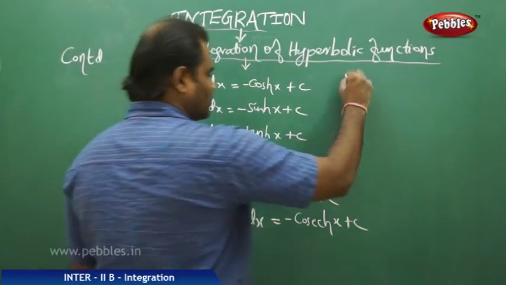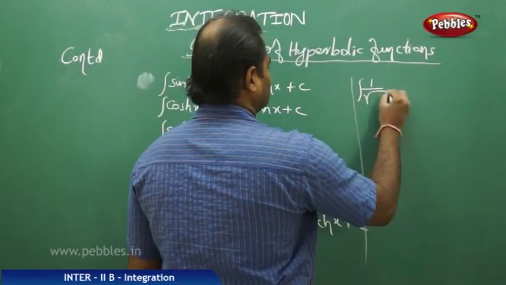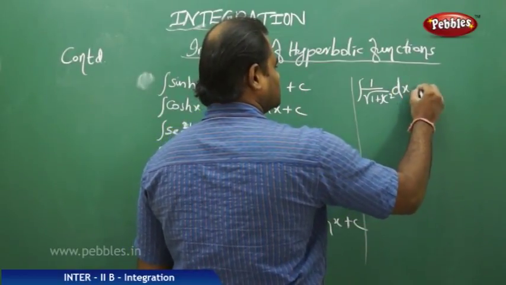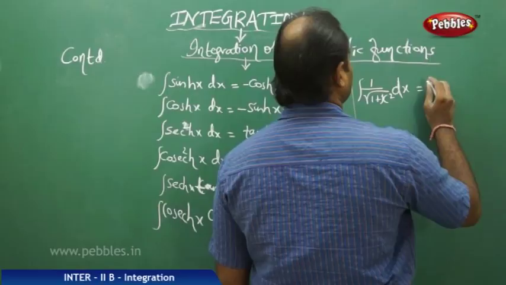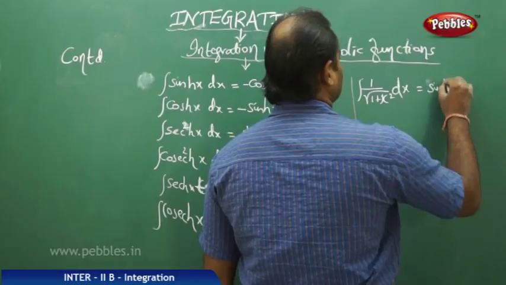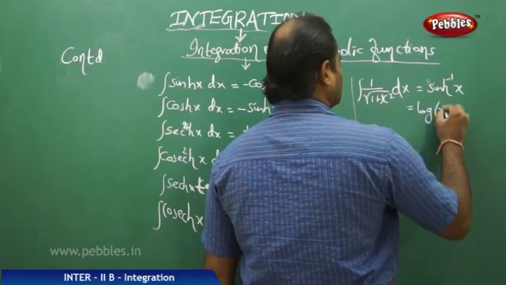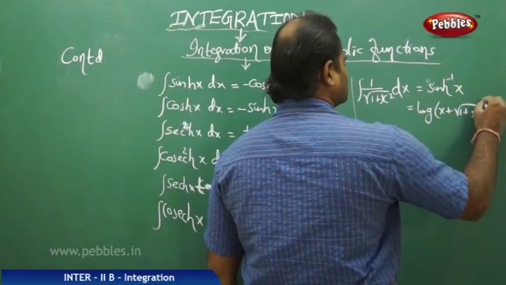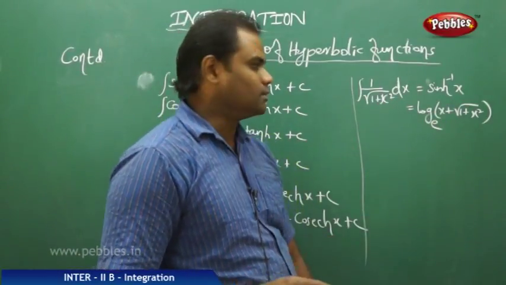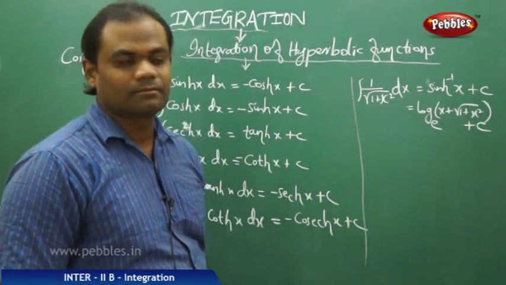And similarly, if I want to find integral of 1 by root 1 plus x squared dx is given by sine h inverse x, or this is also log x plus root 1 plus x squared. I can use this or this for finding integral, and of course plus constant of integration.